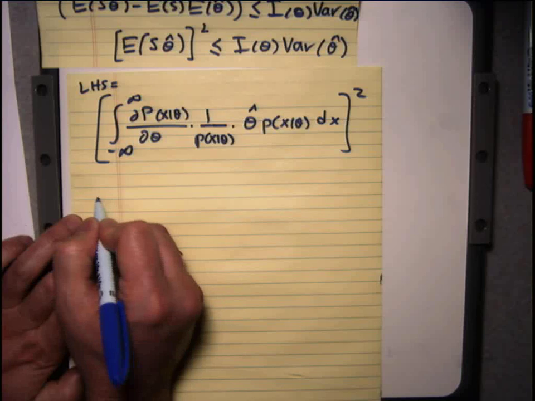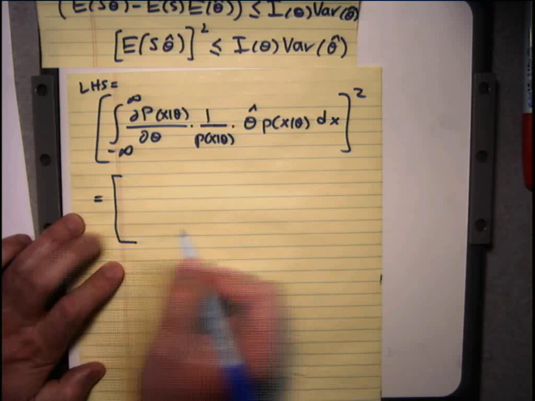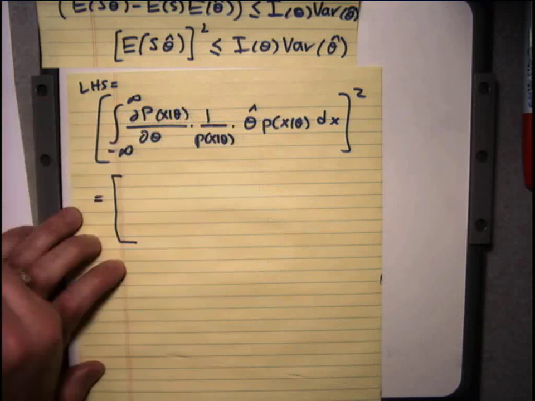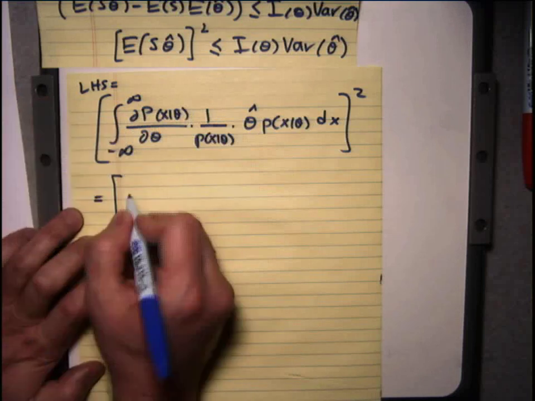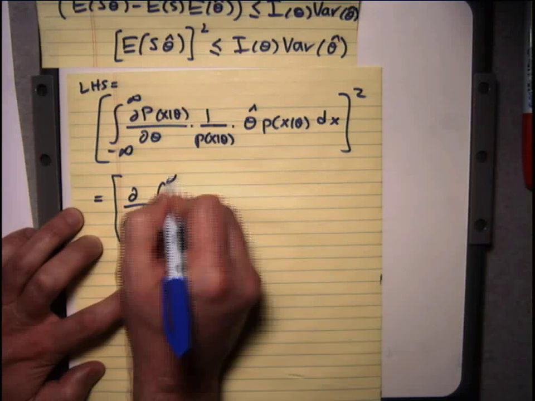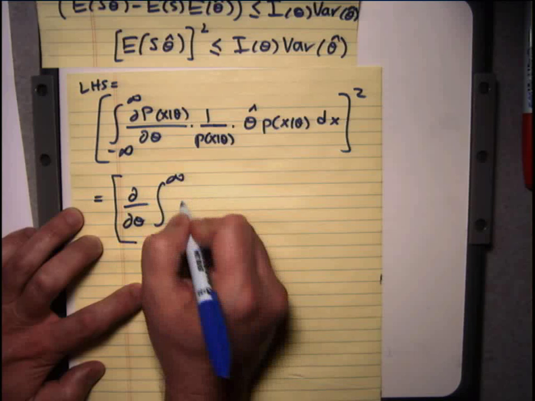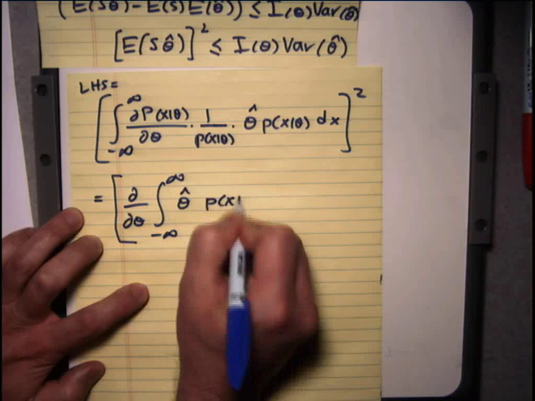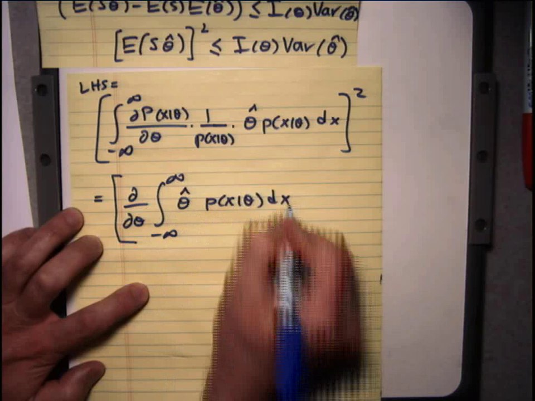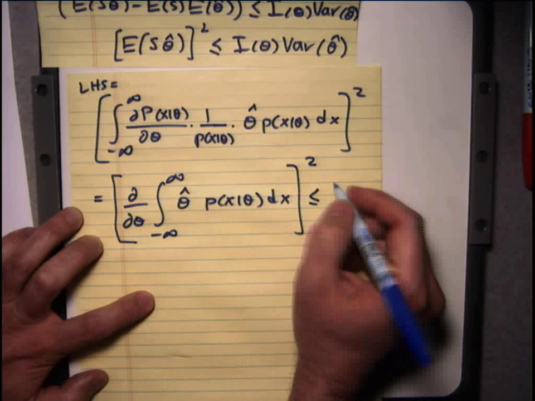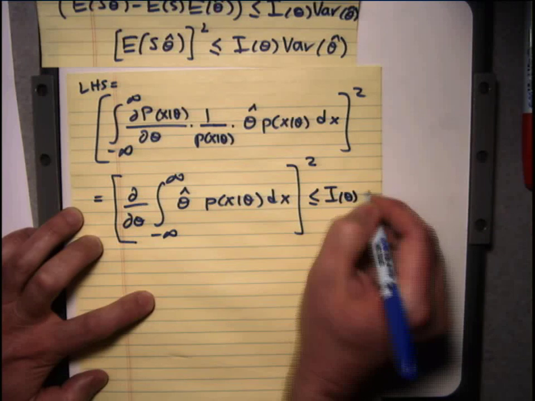Once again, I'm going to play the same trick that I did before. I'm going to take this derivative and pull it outside and simplify. So I get d by d theta of the integral from minus infinity to infinity of theta hat p of x given theta dx, this whole thing squared, less than or equal to I of theta times the variance of theta hat.